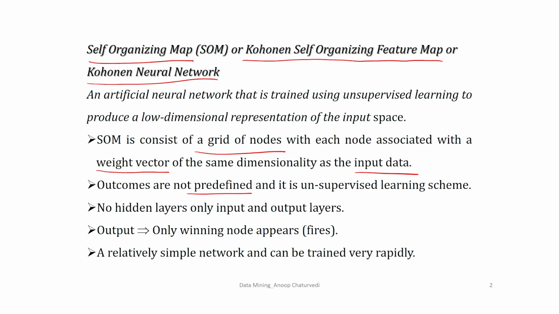So, since it does not have any hidden layer and it has just input and output layers, it is easier to train. And in output, actually, only the winning node appears, or you can say only the winning node fires. So, it is a relatively simple network and can be trained very rapidly.